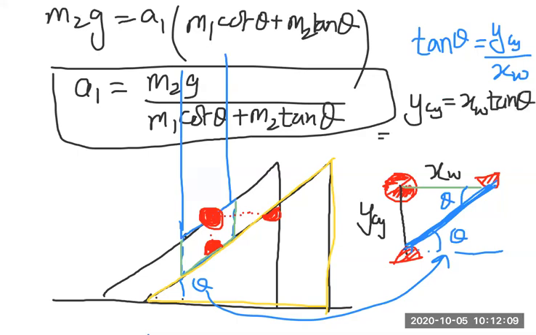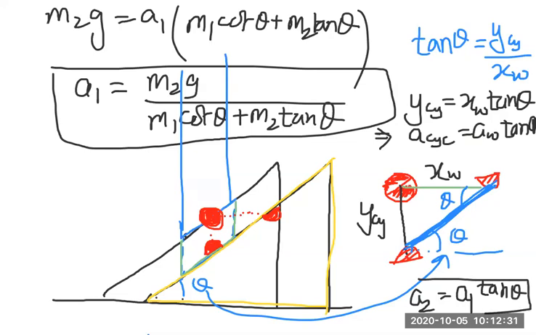And if I differentiate this twice, I will get acceleration of the cylinder is equal to acceleration of the wedge into tan theta. And acceleration of the cylinder I assume to be A2, and acceleration of the wedge I assume to be A1. So A2 is equal to A1 into tan theta. Right. So this is the constraint equation.